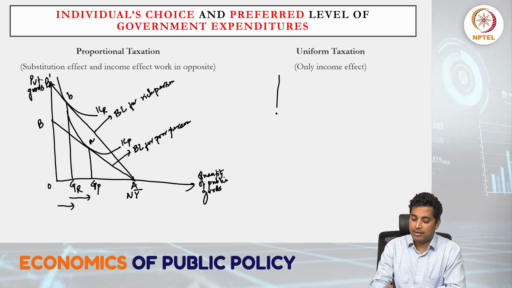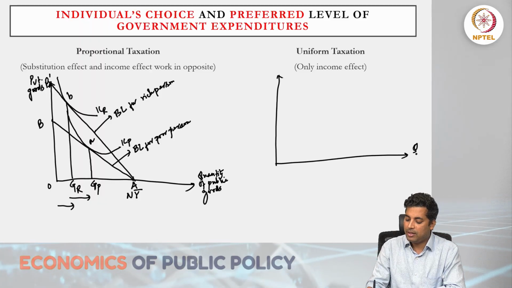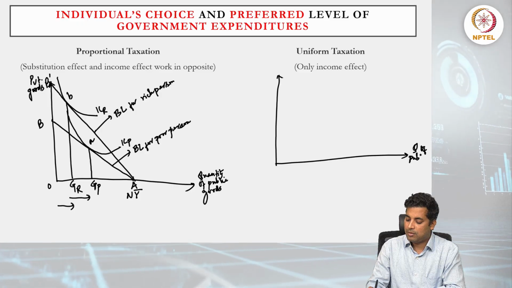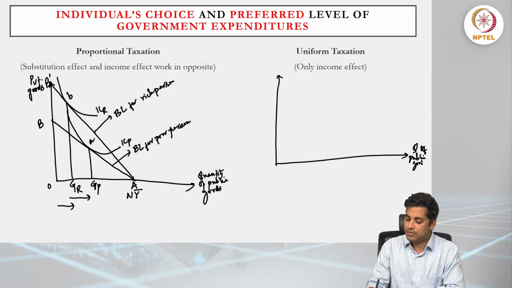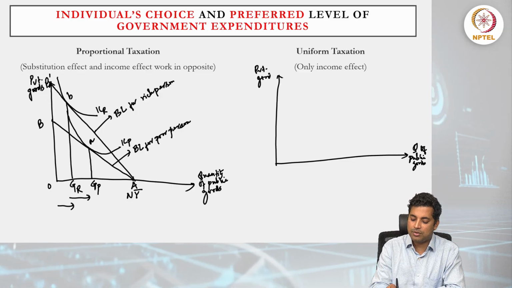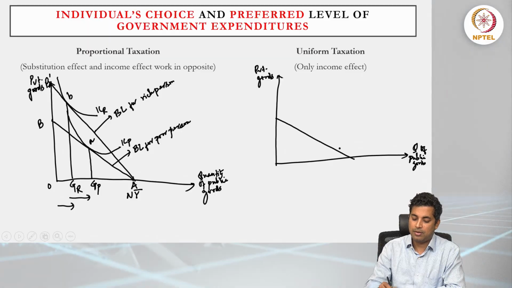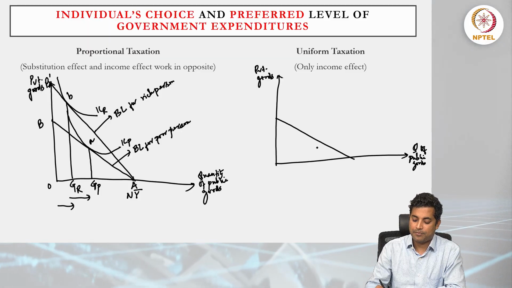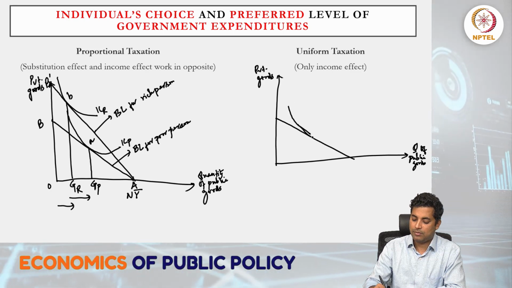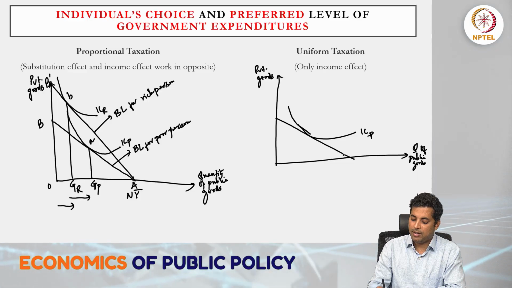Here again we can see the quantity of public goods, and here the private goods consumption, and here the budget line, and then the indifference curve for the poor.